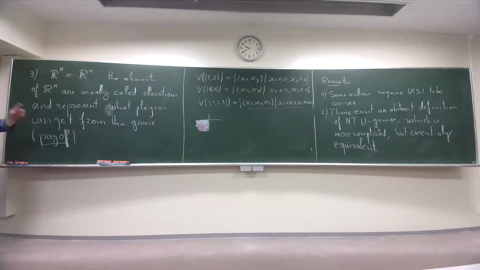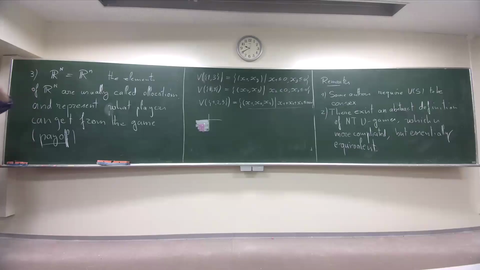And in fact, in the abstract version of this definition, you do one more step, you define one more space, and then the utility function is defined on this space, but it takes values in R, so you end up in Rn, so we are almost equivalent.